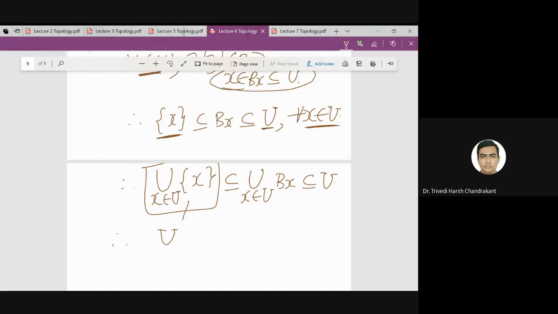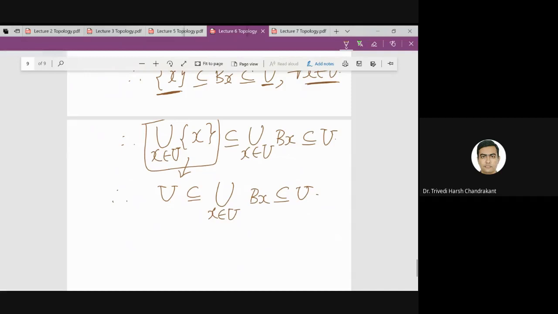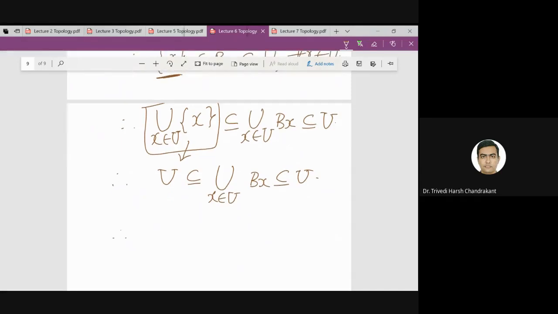So this set is U, which is contained in the union over x belongs to U of Bx, which is contained in the set U. So from this, what can we write? A subset of B subset of A. That means what can we say about A and B?